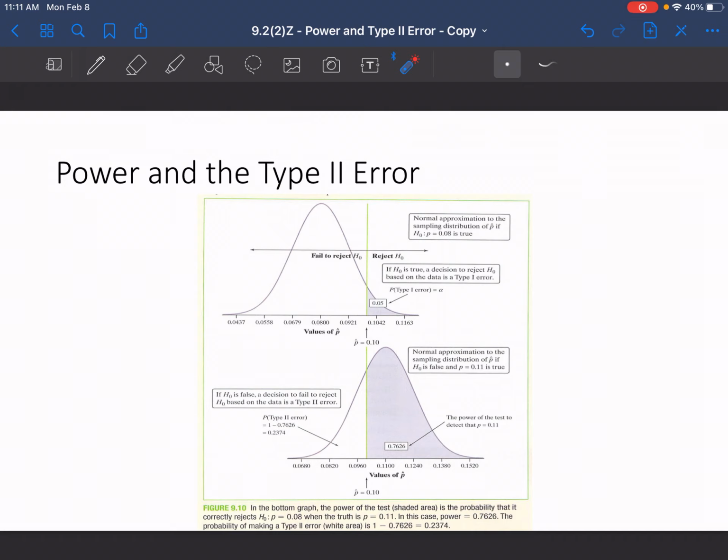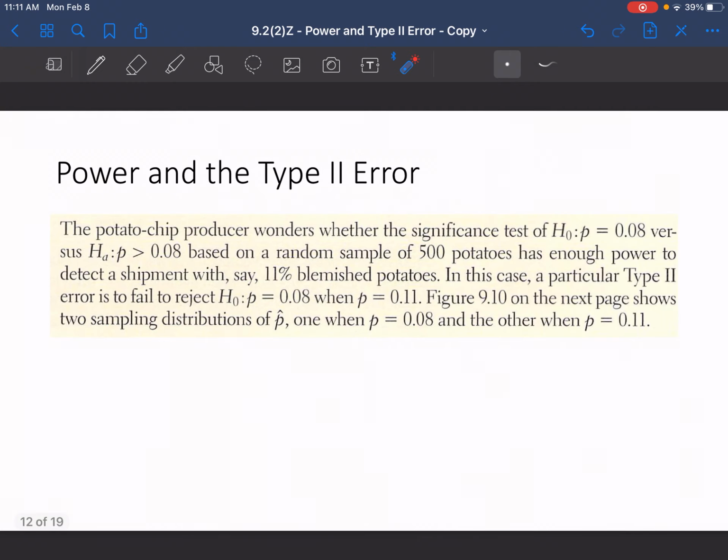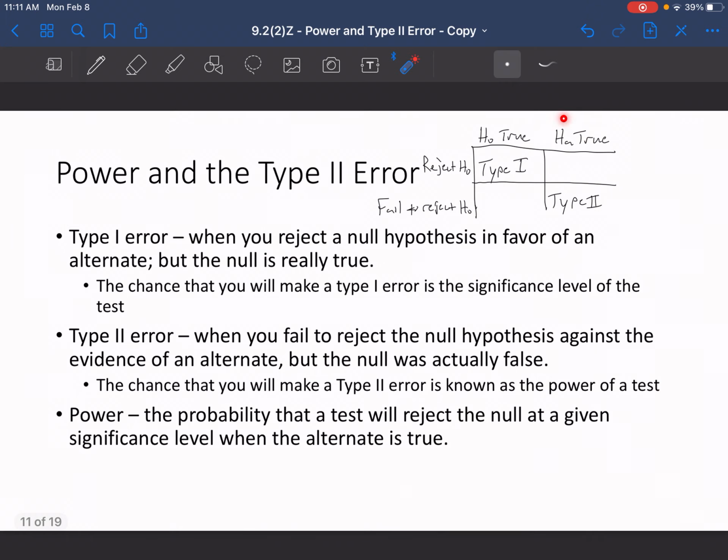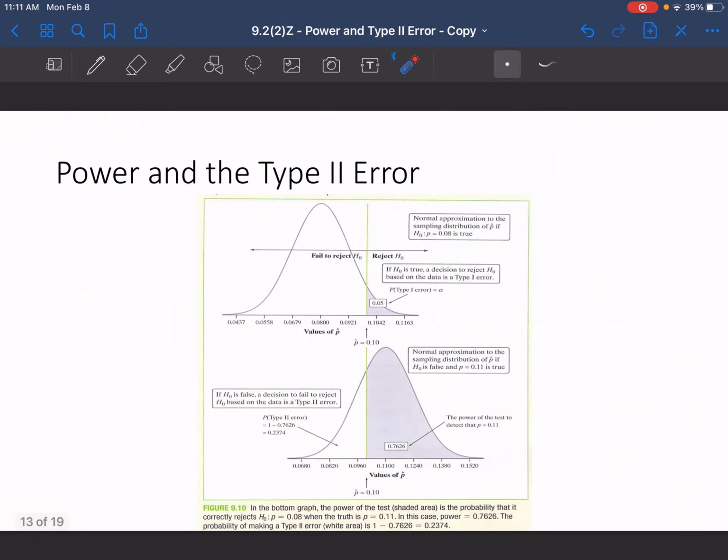So what we really need to know is, again, power is a good thing, basically. This is the probability that we are going to reject our null hypothesis, essentially. But we have about a 76% chance of that happening. However, we also have a 23% chance of making a type 2 error, where essentially our alternate hypothesis is true, but we failed to reject the null.